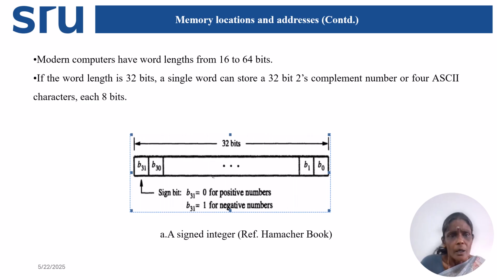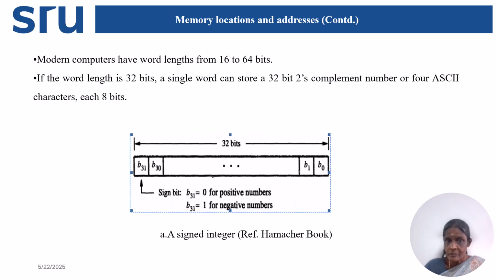Modern computers have word lengths from 16 to 64 bits. In the previous slide we saw an n bit word, where the value of n was not mentioned. n can vary from 16 to 64 bits.